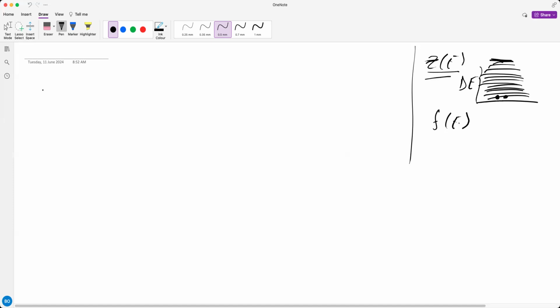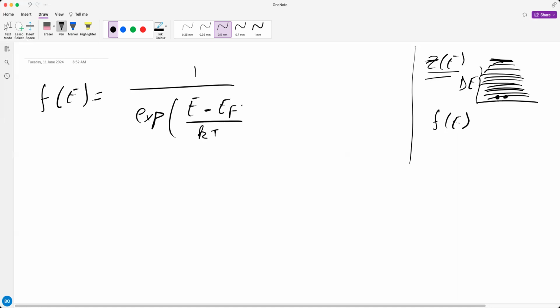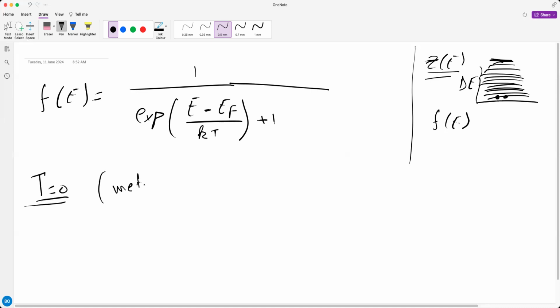Okay, so let's talk about some extreme cases. One over exponential of (E minus EF) over kT, plus 1. Now let's take T equals 0, a metal at very, very low temperature.